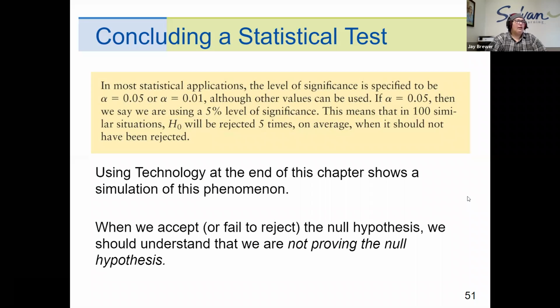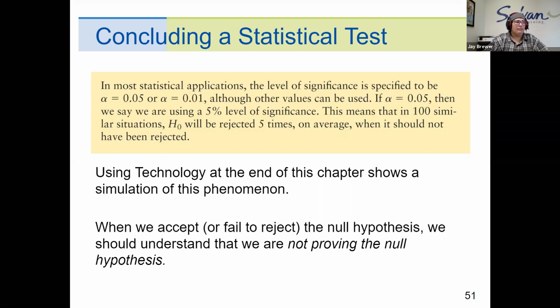In most statistical applications, the level of significance is specified to be alpha = 0.05 or alpha = 0.01. You can use other values, but the vast majority of the time, that is what you will see. You're not going to see a weird alpha equal to, I don't know, 0.125.